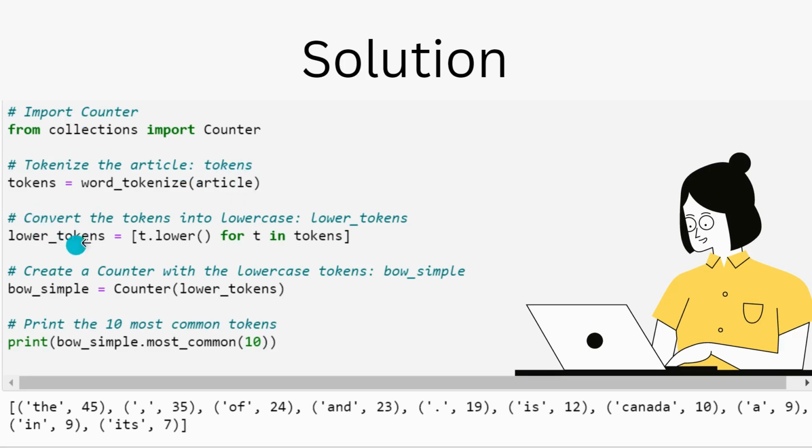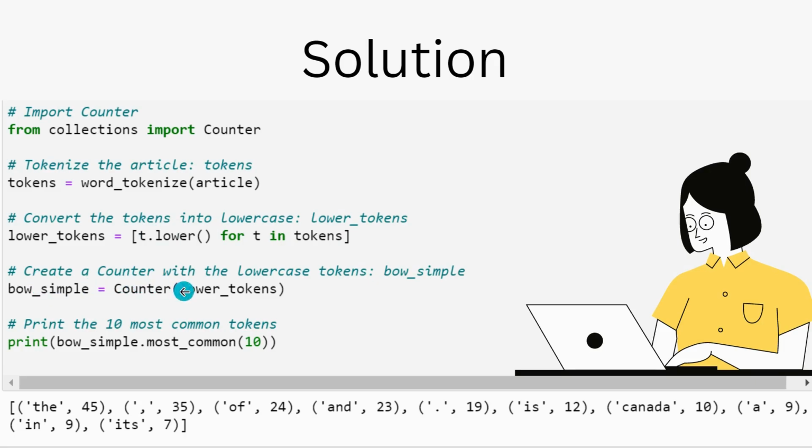Here I am converting tokens to lowercase. Once I have tokenized my article into words using the word_tokenize method, this is lower_tokens. Here I'm using a list comprehension, for t in tokens. t is the iterator variable, so it takes all the words one by one and converts them to lowercase, right?